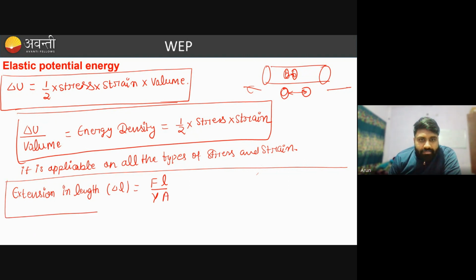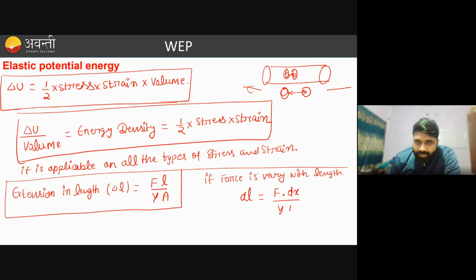Now in this expression, if force is varying with length, you need to consider a very small change in length, which is, let's say, dl equals F into dx divided by Y into A. And when you integrate it, you will get the total extension in length.